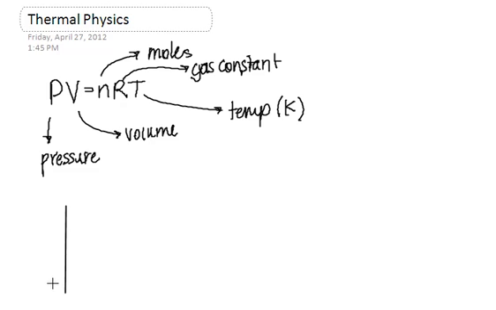First, I want to look at a PV diagram, and let's look at an isobaric process. Isobaric would be when the pressure doesn't change. So maybe those are two ends, and the process can have an increase in volume or a decrease in volume, so it can go left or right. So this is called isobaric.